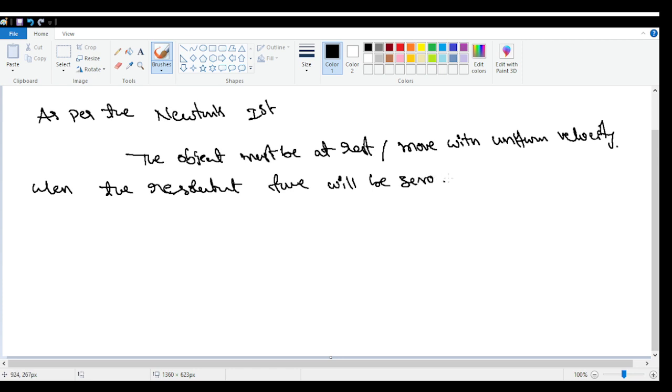That means the vectorial sum of all forces must be 0. That is the main statement given by Newton's first law.